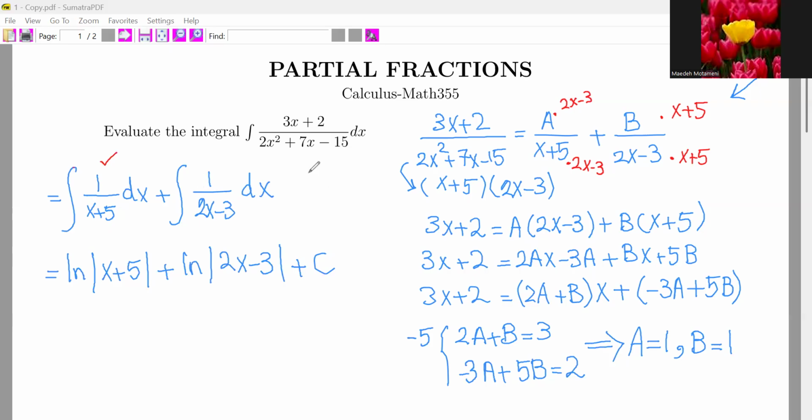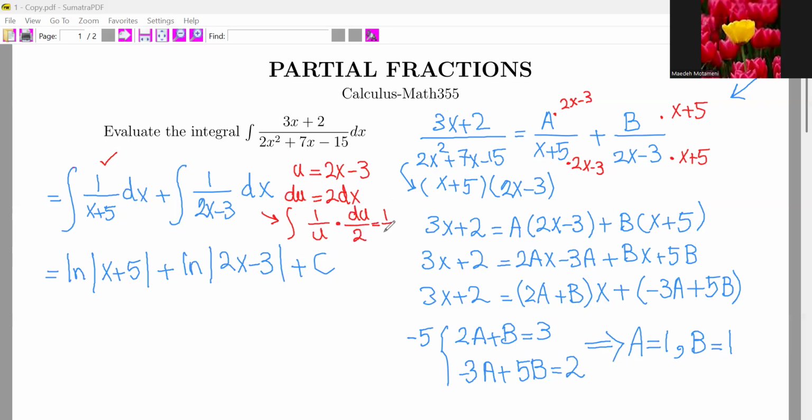You have two options. You can say u is 2x minus 3 with the help of substitution. So du will be 2 dx, and rewriting the integral will be 1 over u, and instead of dx, we would have du over 2.